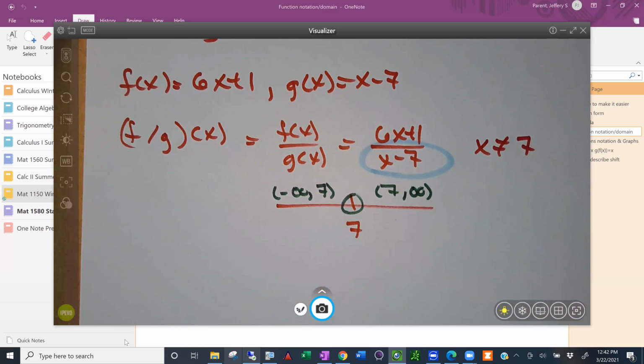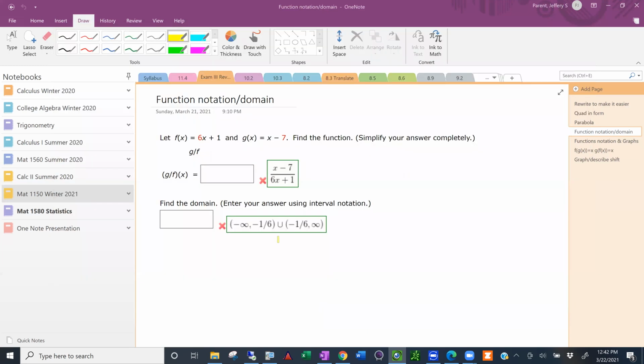I have a question real quick. Do we use the union sign in this example or do we not? So the way that they have things here, you're using the union symbol.